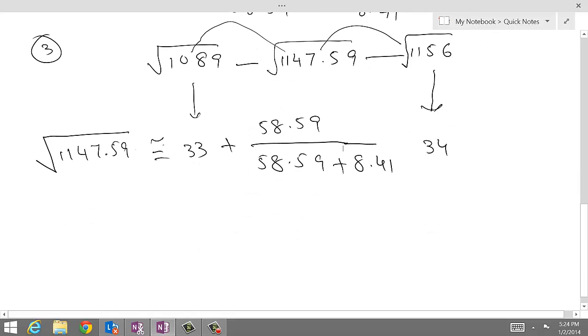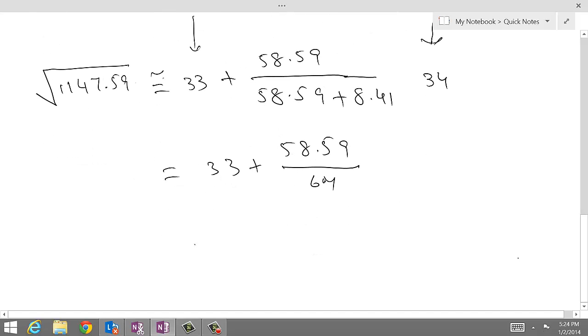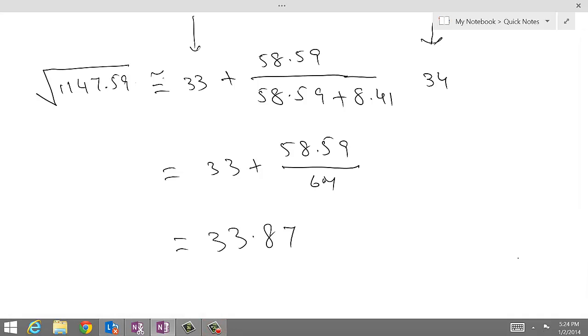That is equal to 33 plus 58.59 divided by, if you sum up both, 67, and when 58.59 is divided by 67, this gives us 33.87. This is a good estimate of the square root of 1147.59.